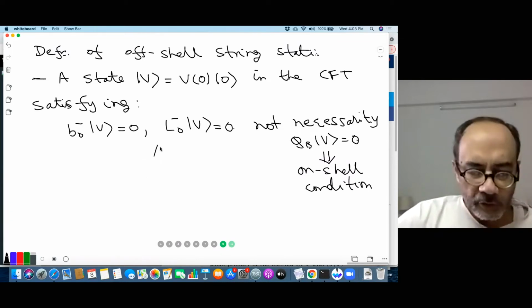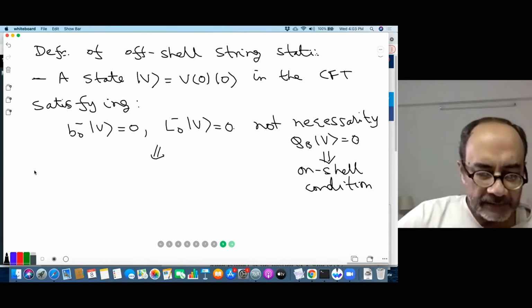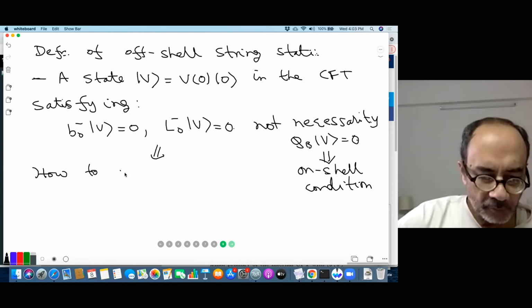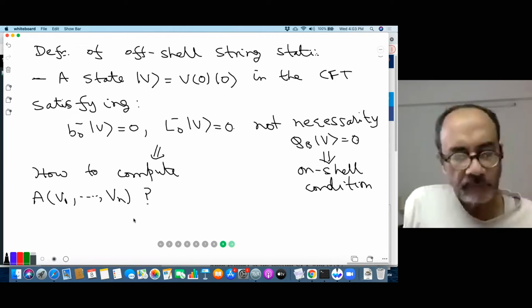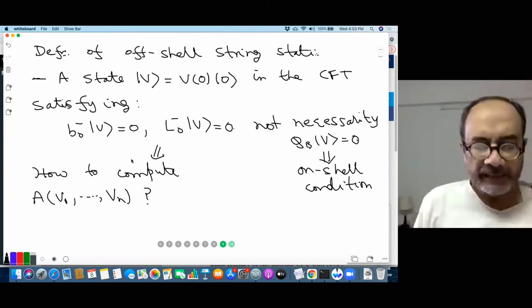So now we want to ask what to compute, or how to compute, the amplitude as a function of V1 to Vn. And this will be the rest of today's lecture.